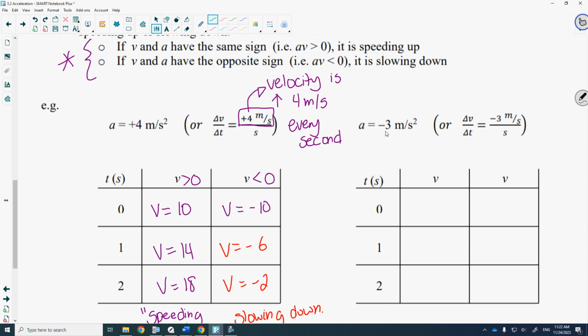Okay? Let's do this example. If our acceleration is negative 3 meters per second squared, so again, what does that mean? An acceleration of negative 3 meters per second squared means the velocity is decreasing. So it's going down by 3 meters per second every second.